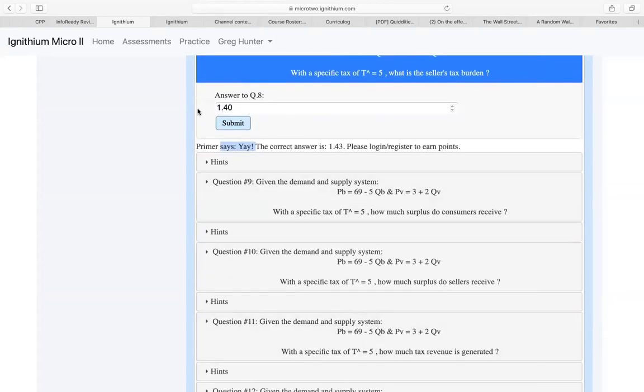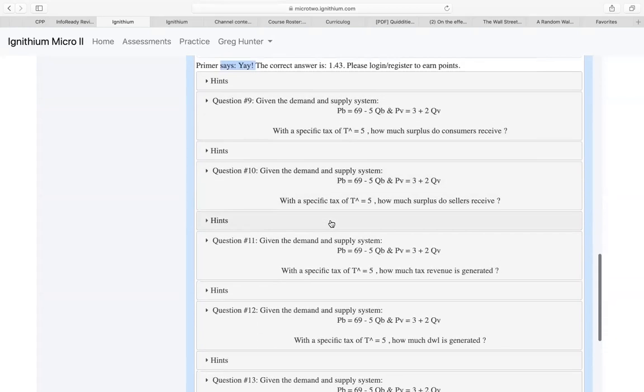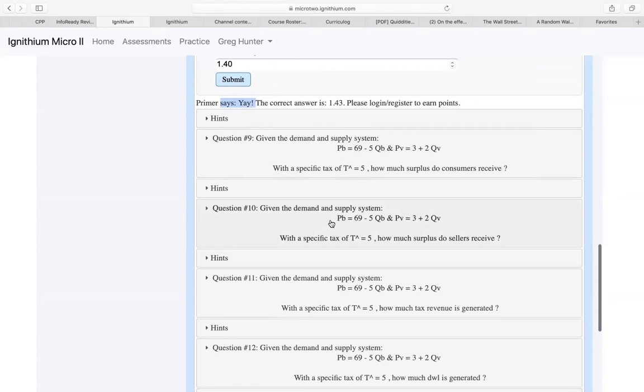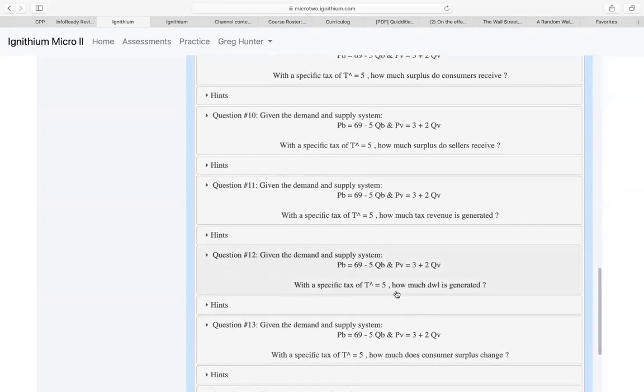Okay. So then I just want to point out really quickly, and we can still talk about these questions next week. But if you go back and reflect on the lectures that I've asked you all to watch for today and what we did last time, then we can easily calculate the amount of consumer surplus, the amount of producer surplus, the amount of tax revenue, and the deadweight loss. And then the change in consumer surplus.